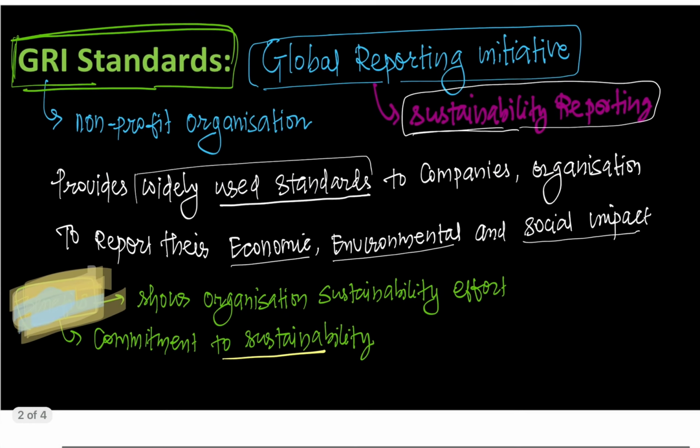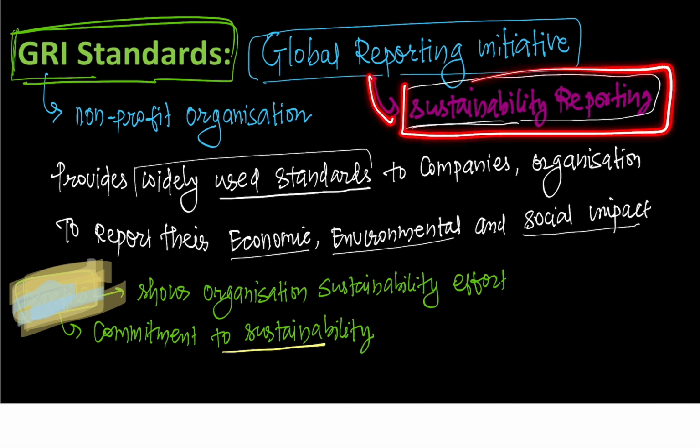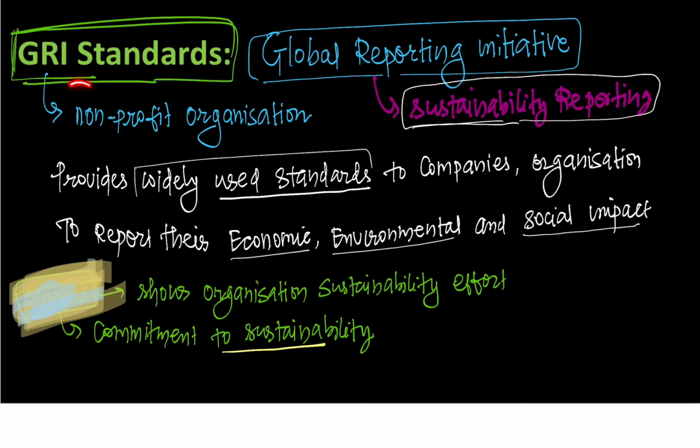Now next is the GRI standards. It's the Global Reporting Initiative. What it does, it allows companies to develop a sustainability report. It is also a not for profit organization which develops widely used standards for companies or organizations to report the economic, environmental and social impact of their projects.